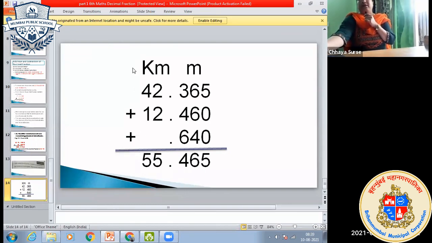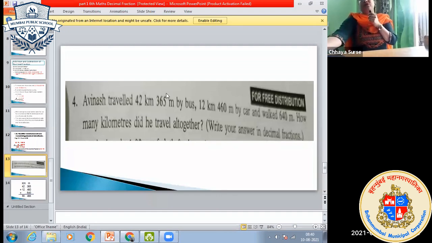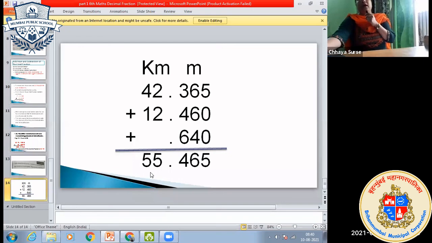The answer is 55.465, so 55 kilometers and 465 meters is the total distance Avinash traveled altogether.